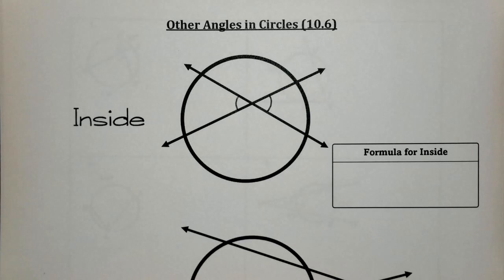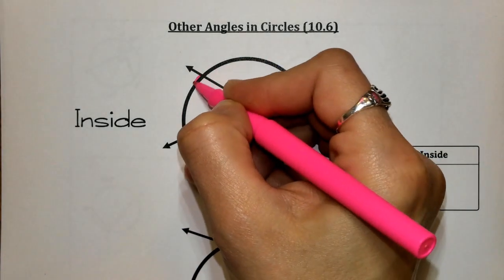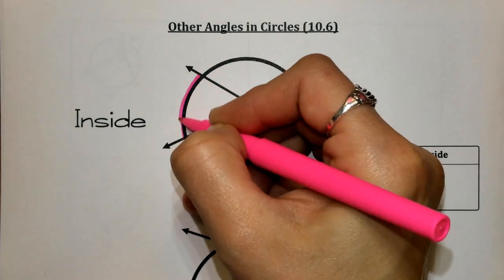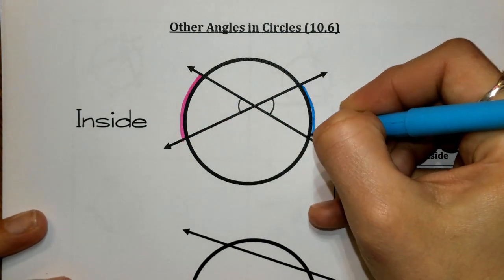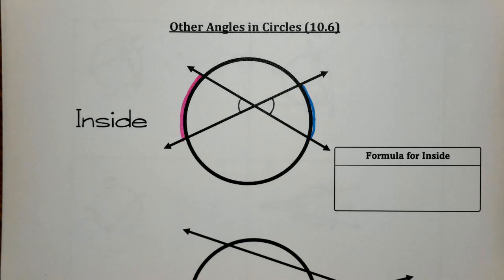So let's see exactly what this looks like. We're going to take both those arcs created by the angles, whatever those measurements are, add them and divide by 2.